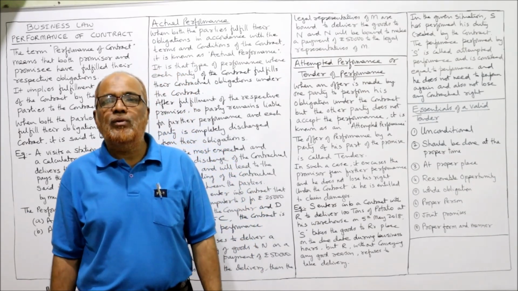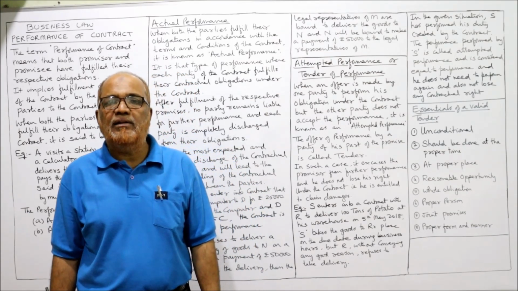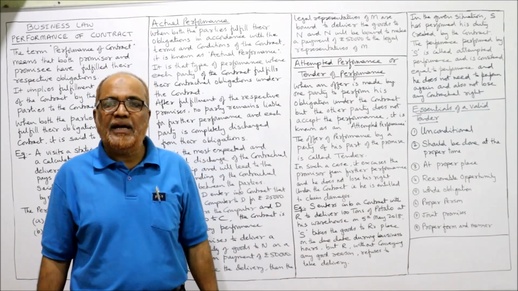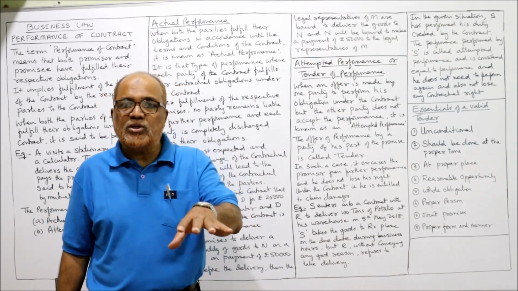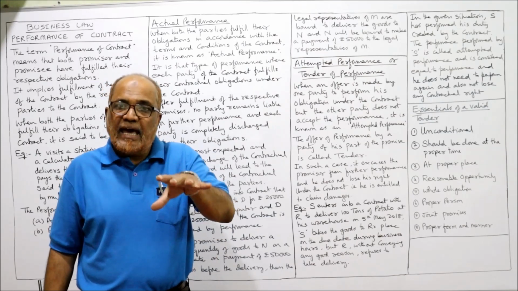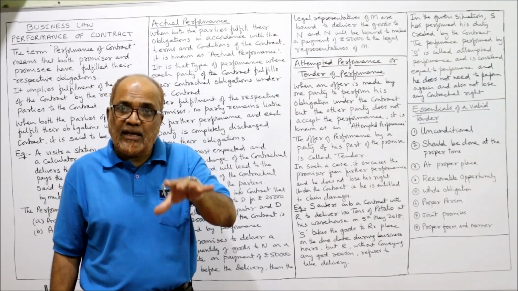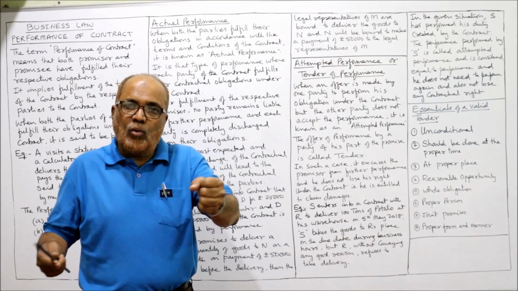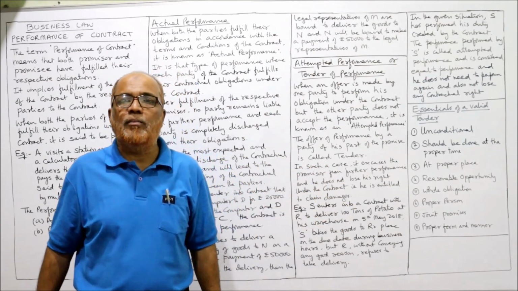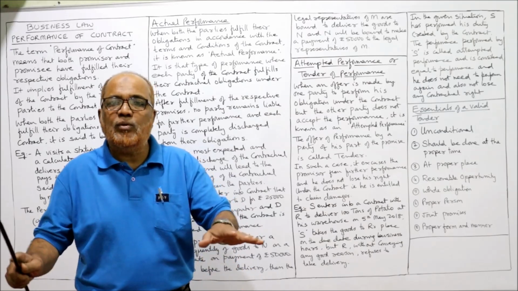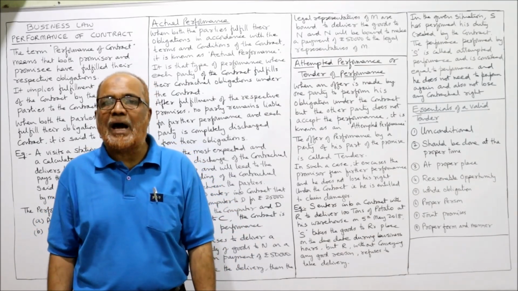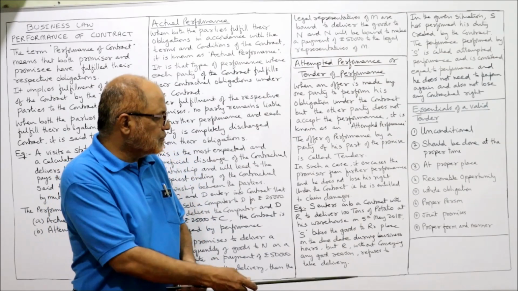But R refuses to take the delivery. R refused. It's a tender. It is a tender from the point of view of S, because S has completed his obligation. He took the goods to the place of the promisee, but the promisee refused without any valid reason.